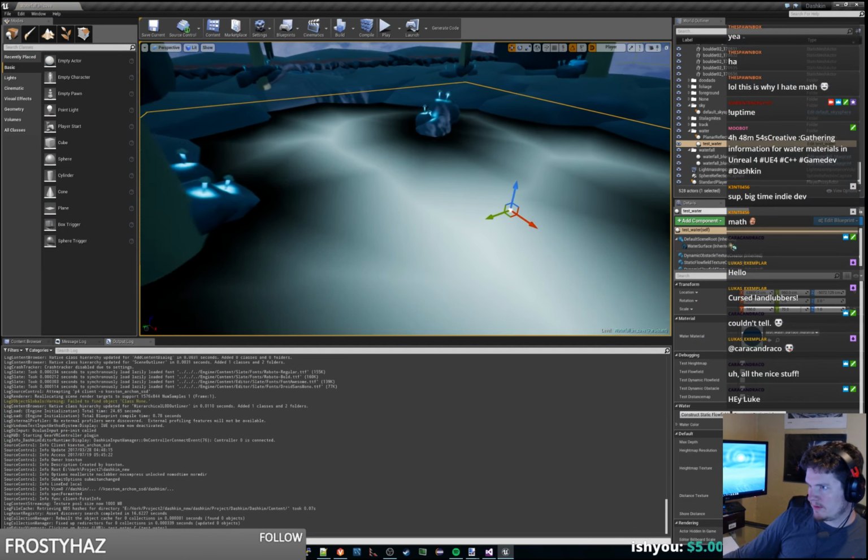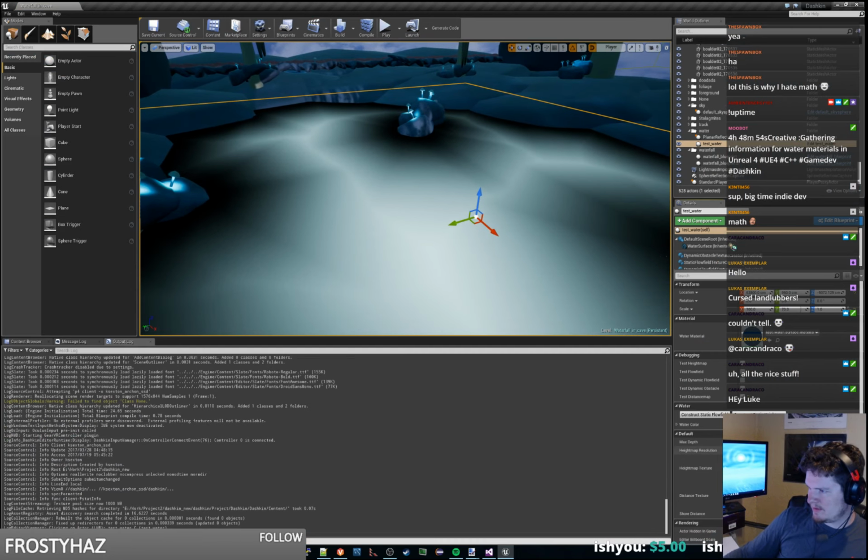Alright, so we're looking at this map. We want to make it like 512.